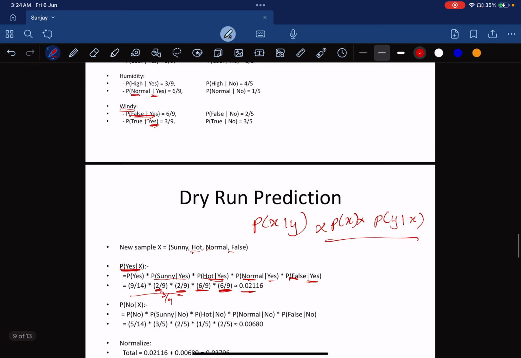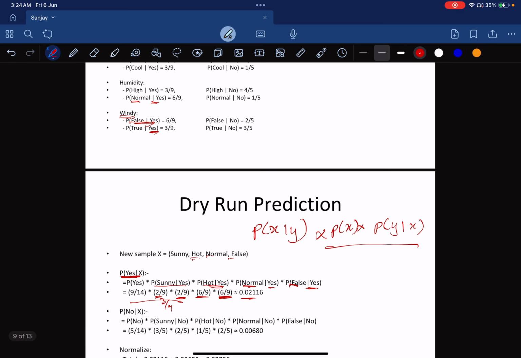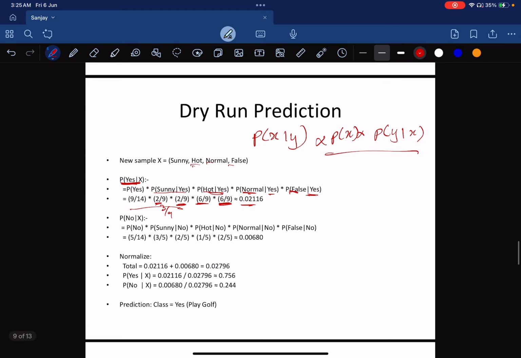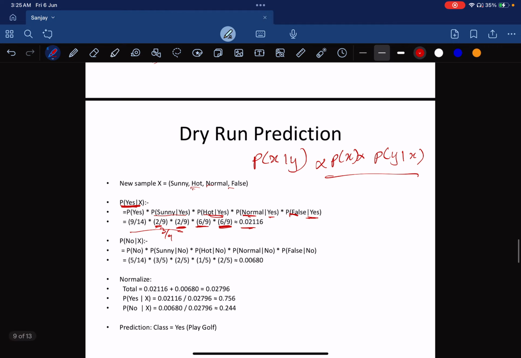After finding the probability of the data belonging to each class, we normalize it. It tells the probability of the data belonging to each class, and the overall probability is 1. This is how we do normalization.